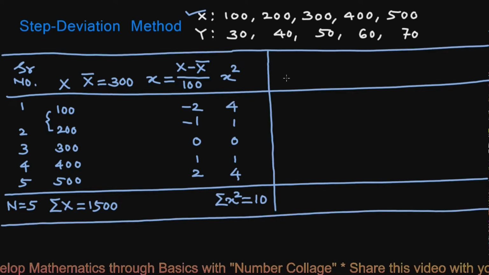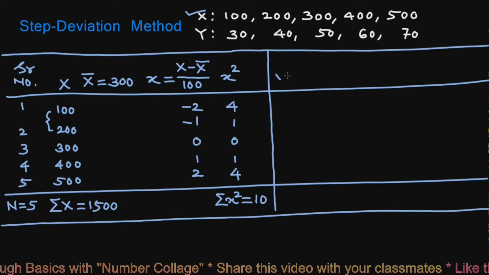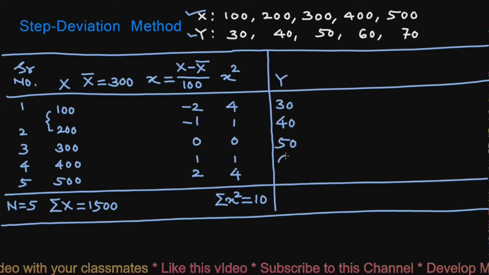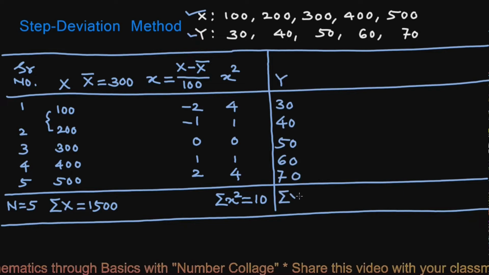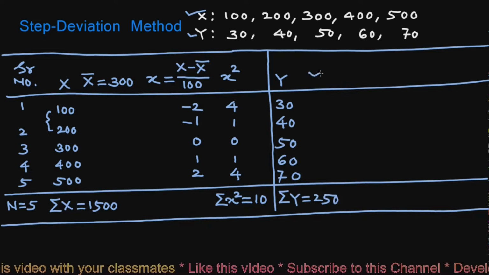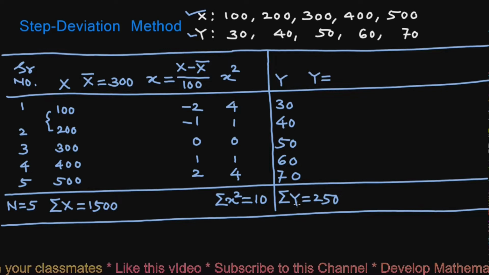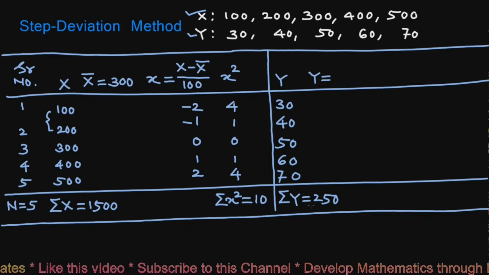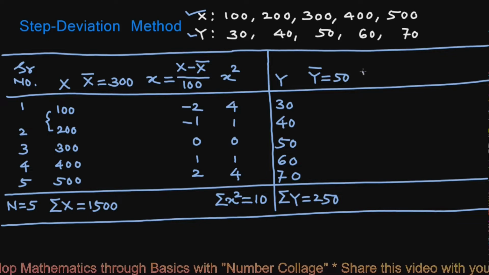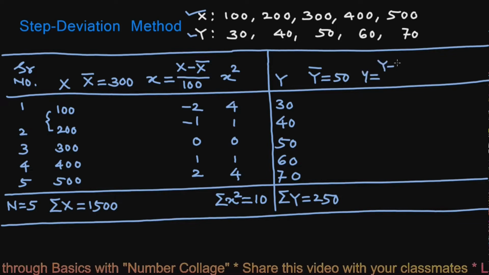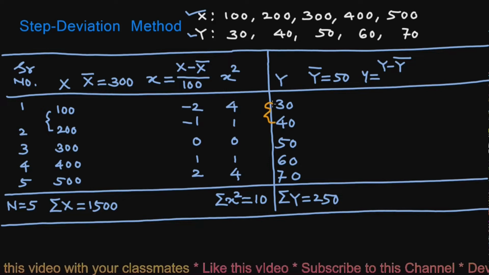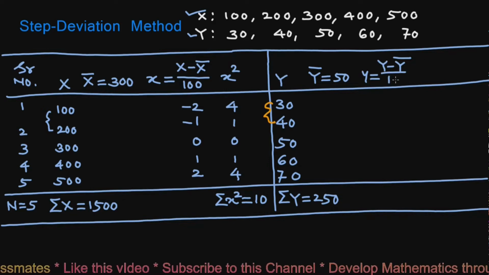After this, we write values of y from here: 30, 40, 50, 60 and 70. Summation y will be 250, from which we calculate y bar. That will be summation y upon n, that is 250 upon 5, 50. Next, we write value of y equals (y minus y bar) upon the width between the values of y, which is 10.